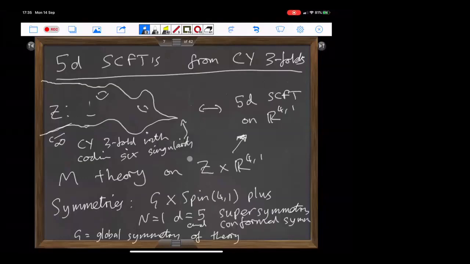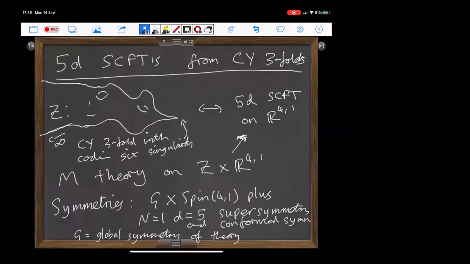Okay, so the general picture in 5 dimensions is like this. You have a Calabi-Yau threefold Z with an isolated codimension 6 singularity, and living at that singularity is one of these exotic superconformal field theories that arises if you consider this as a background for M theory. Let's talk about the symmetries of such a system.